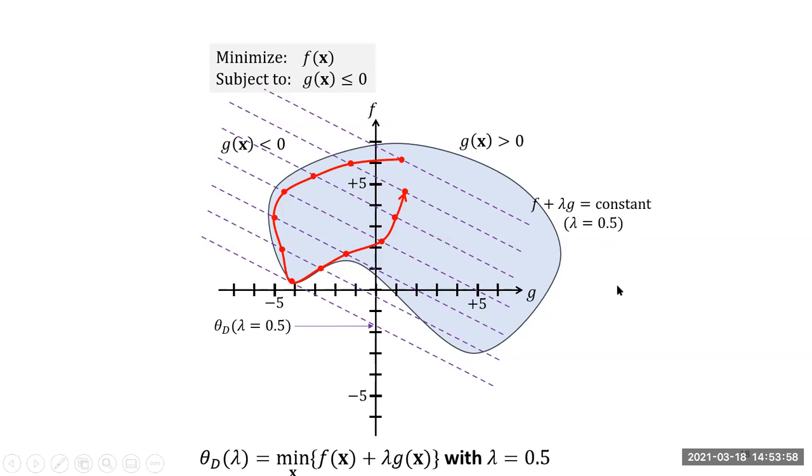You're not setting g equals 0. G has some value, right? But f plus lambda g, the value of that can be read off by looking at the y-intercept, which is the f-intercept in our case.